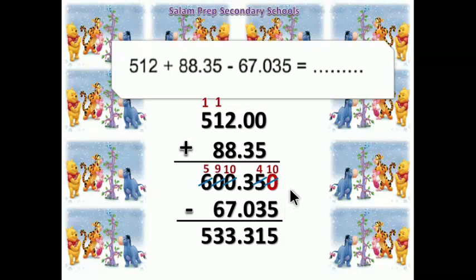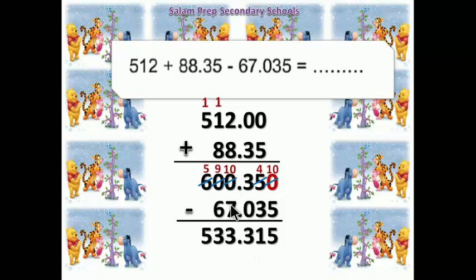Now you can subtract two numbers. 0 minus 5. It doesn't go. We will borrow. Now we will borrow from 5. 5 will be 4. 0 will be 10. 10 minus 5 equals 5. 4 minus 3 equals 1. 3 minus 0 equals 3. Please put decimal point.